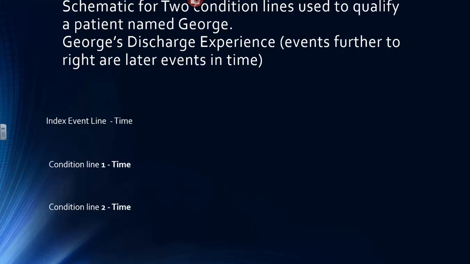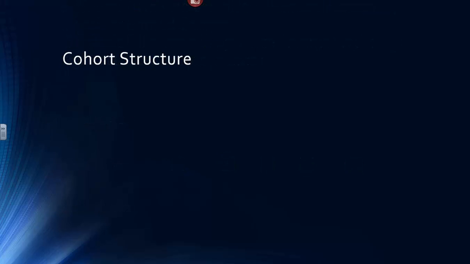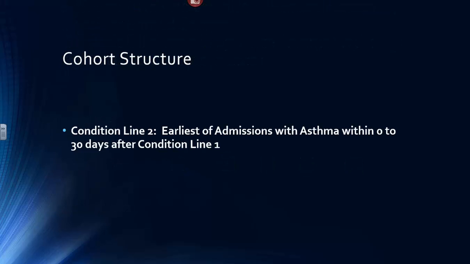Let's do a schematic for the two condition lines used to qualify a patient named George. George's discharge experience is going to be cartooned on the right of the condition line. Here you see the discharges George experiences in calendar time. Remember the cohort structure.